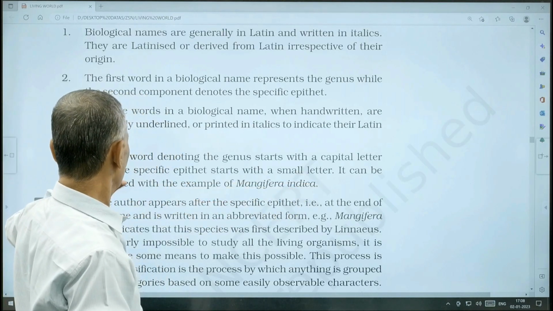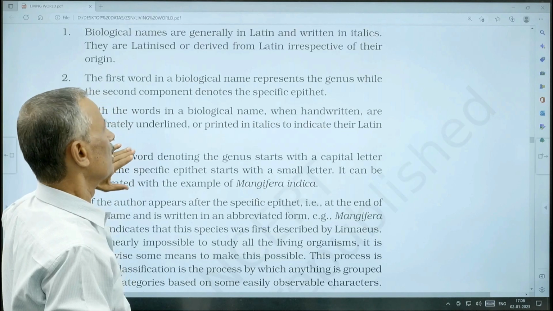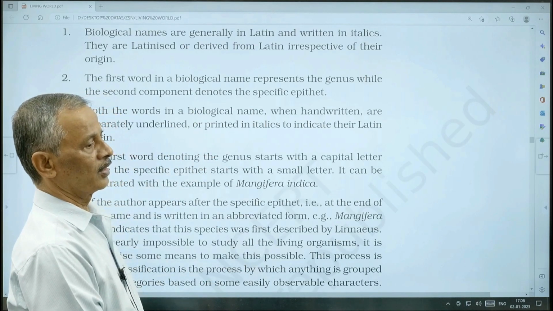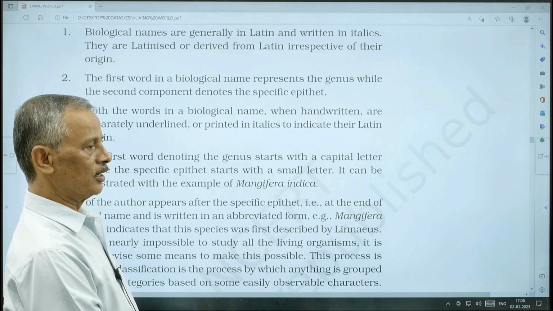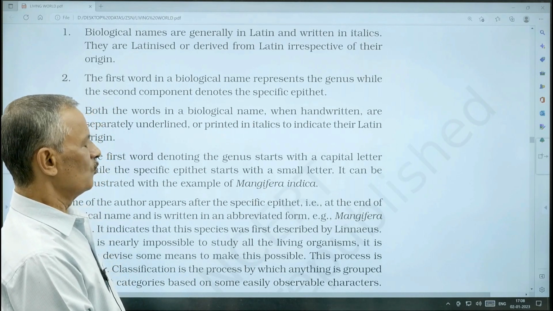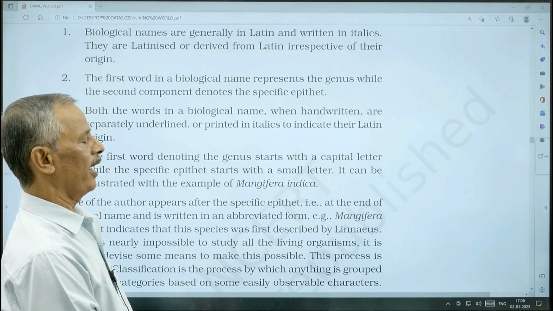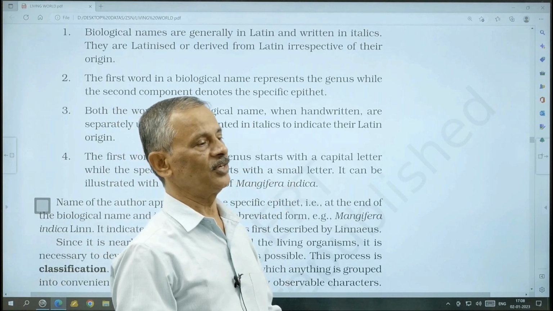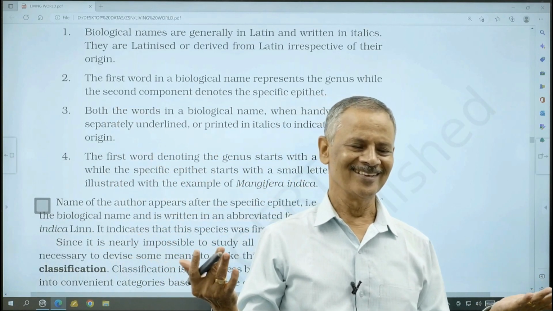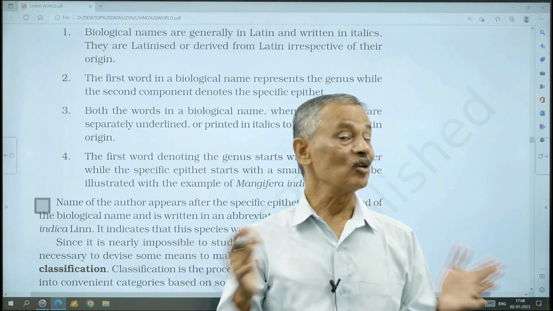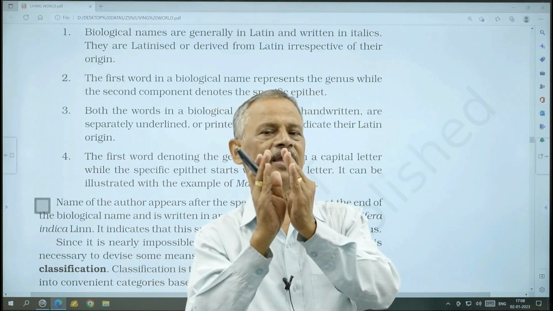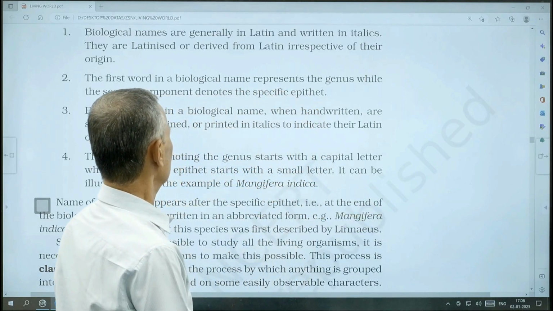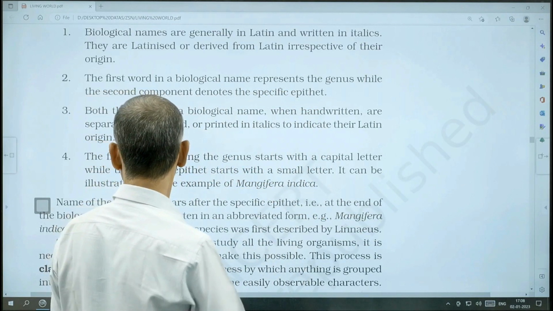Then sometimes the author's name is also indicated. The third word, if the author's name is added, need not be in Latin. It can be in Greek, and it need not be in full. It can be abbreviated, very short. For example, Mangifera indica, Lin.